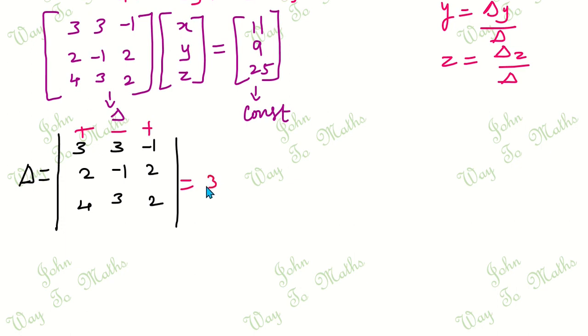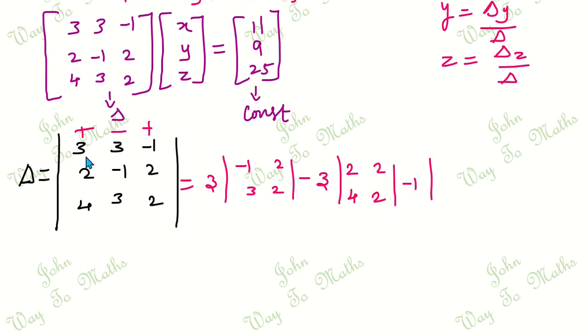So 3 times the cofactor becomes, first row first column will be eliminated, then remaining entries minus 1, 2, 3, 2, then minus of 3 times of, then first row second column will be eliminated. So remaining entries 2, 4, here 2, 2, then minus 1 of the determinant becomes first row, then last column will be eliminated. So remaining entries 2, minus 1, 4, 3.